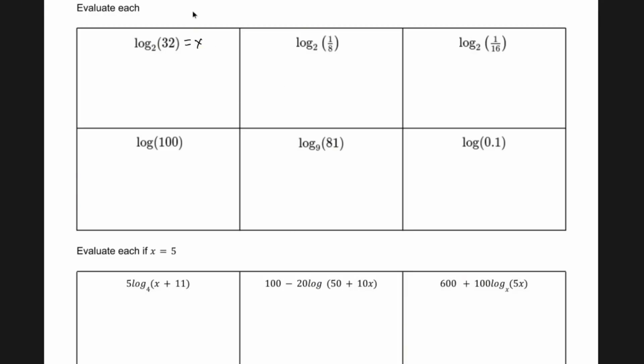I'm solving a bunch of logs, so I have to remember that log base b of y equals x can be written as b to the x equals y. So I can write this out if I call you b, and if I call you y, and x is already x, I can write this out as 2 to the I don't know equals 32.